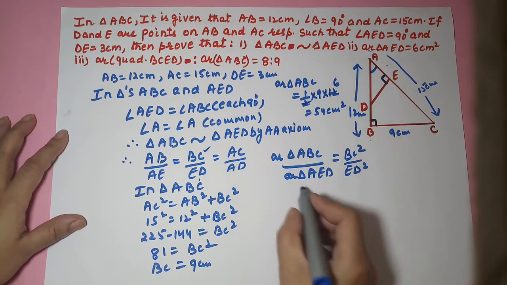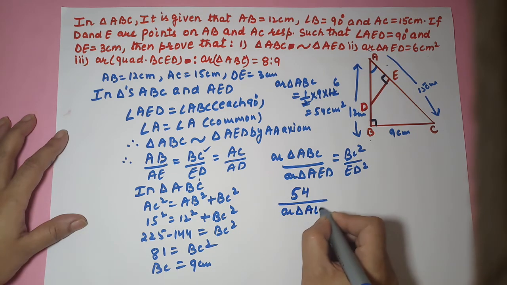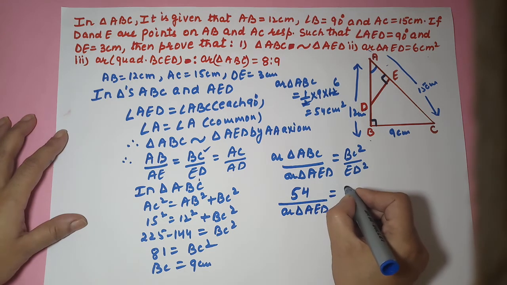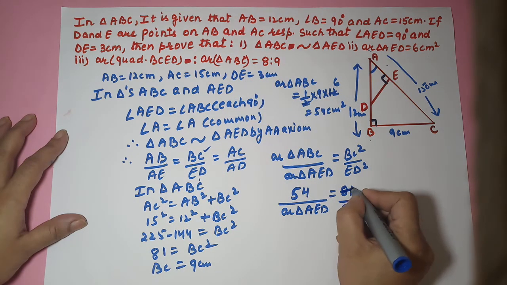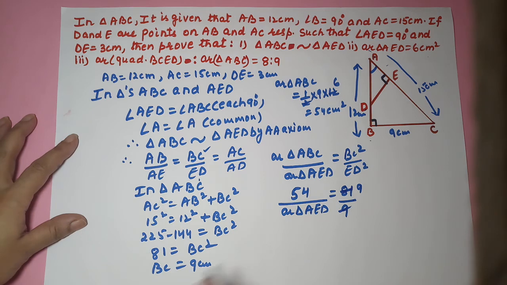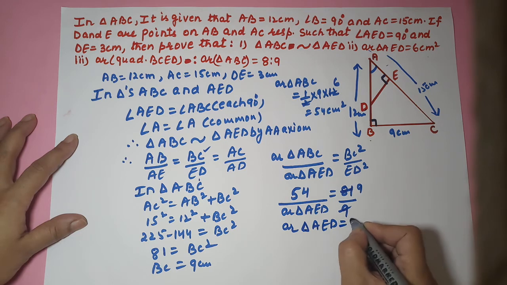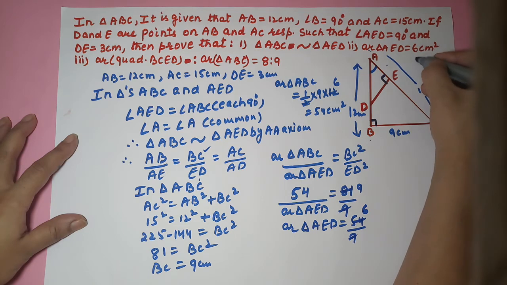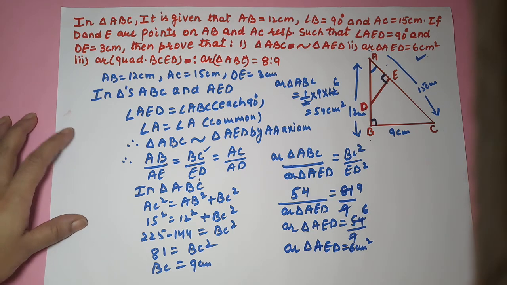Now I will substitute it here. 54 upon area of triangle AED, which I have to calculate, equals BC, I have calculated 9, so it will be 81, DE is 3, which is equal to 9. So 9 9s are 81, right? So your area of triangle AED will be 54 divided by 9. So 9 6s are 54. So you have proved that area of triangle AED is equal to 6 centimeter square, right?